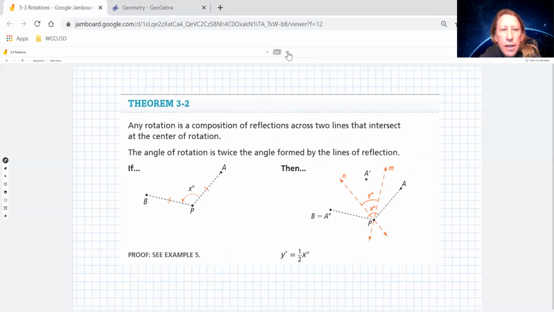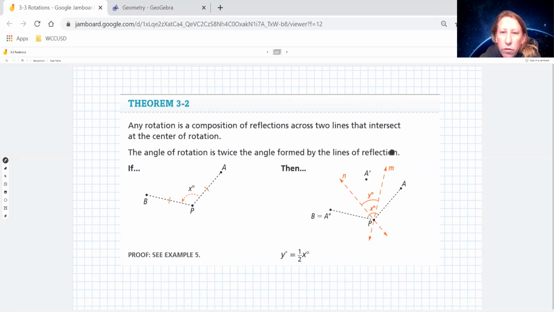One other thing that's slightly interesting is that you can actually not do rotations. You can do two reflections. Two reflections is the same as a rotation. So you could straight up rotate it to get from here to here.